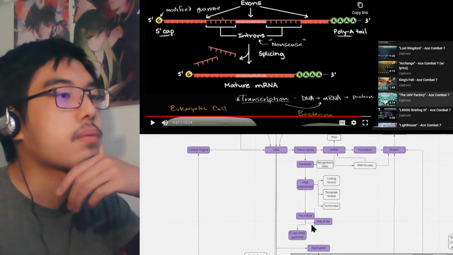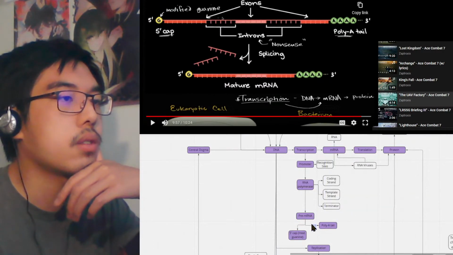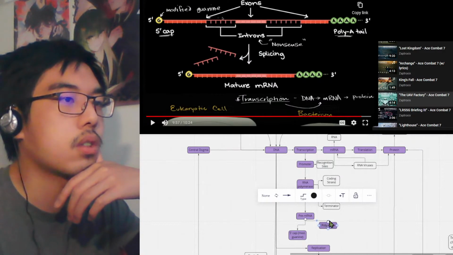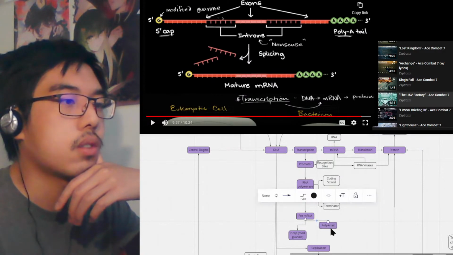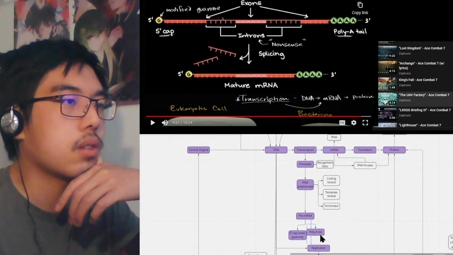Then we have the tail, and then we have the introns and exons.